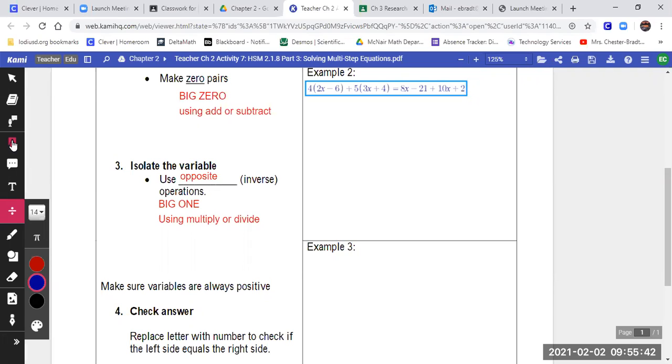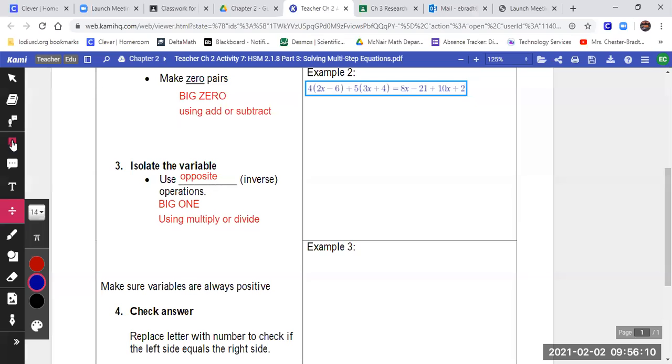Not parentheses, a string of numbers, no parentheses, no nothing, just a big long string of numbers and letters. Left side or right side?